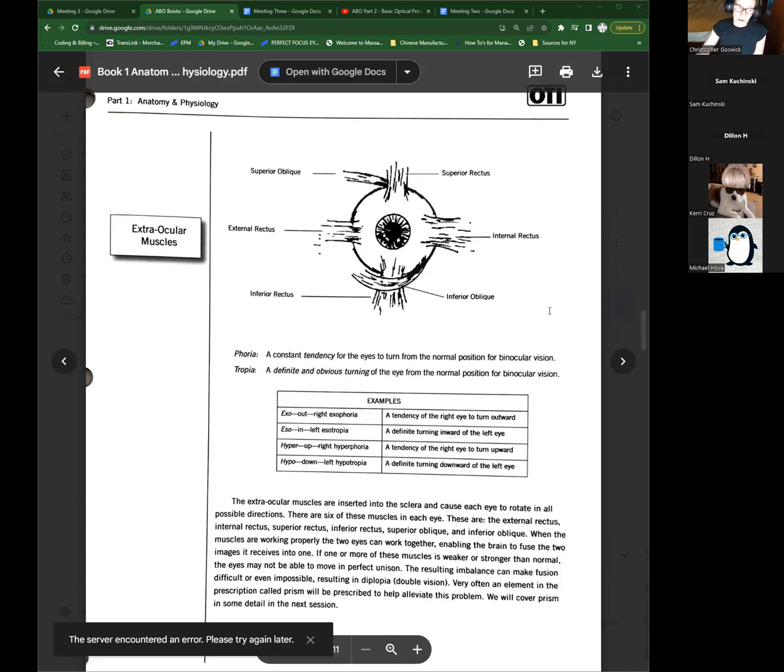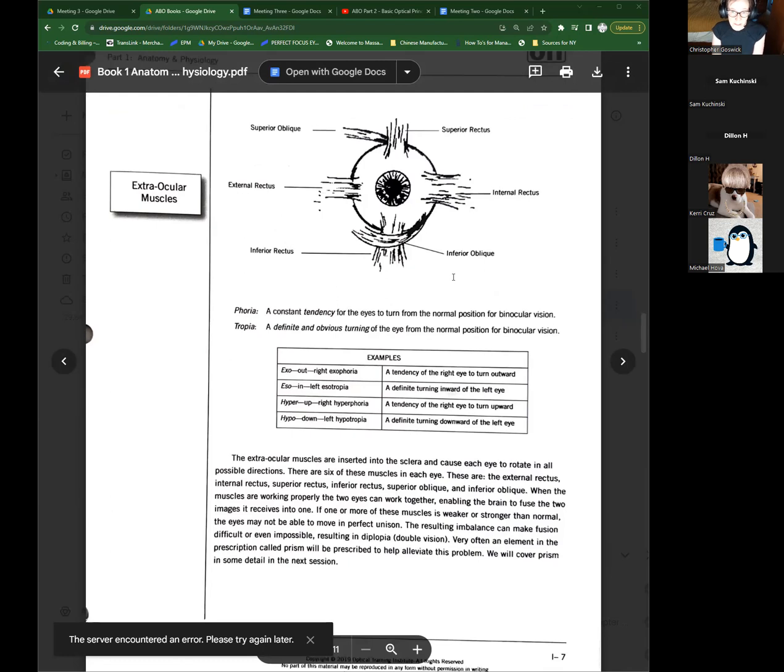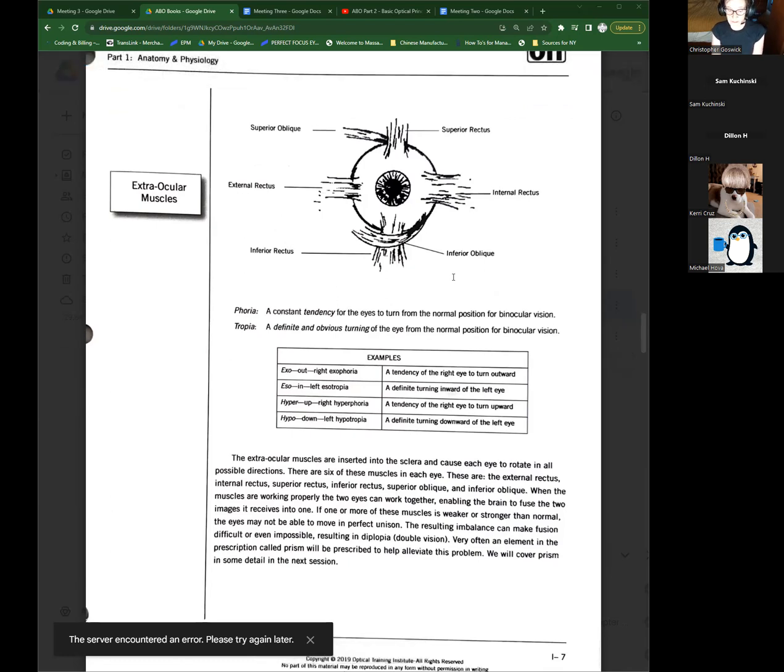But the really big topics, and I believe the texts have been discussing this anyway, so this might be quite familiar, are the idea of a phoria versus a tropia. The way I think of it is that phoria is the better of the two. It's not something super obvious right off the bat.